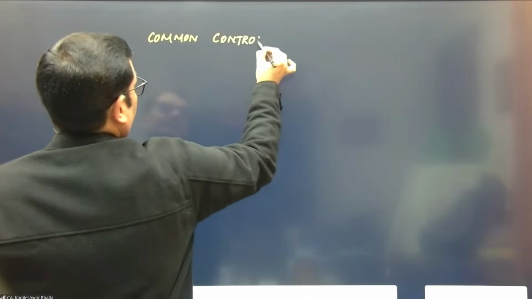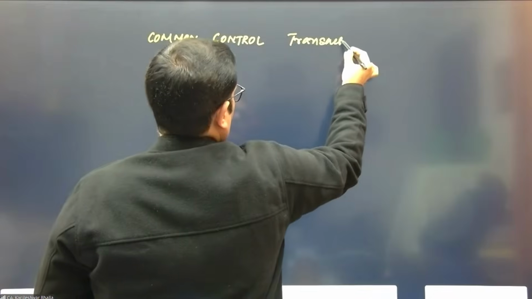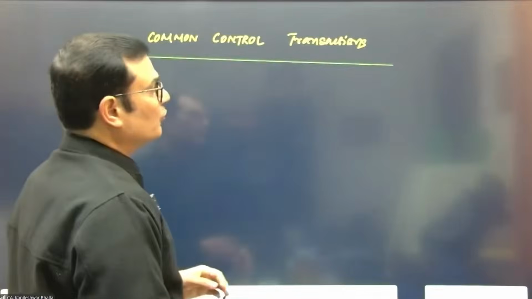So the first agenda is to identify how do you say that it is a common control transaction. Now, I'll explain with examples, but let me first give you the conceptual understanding of this area.